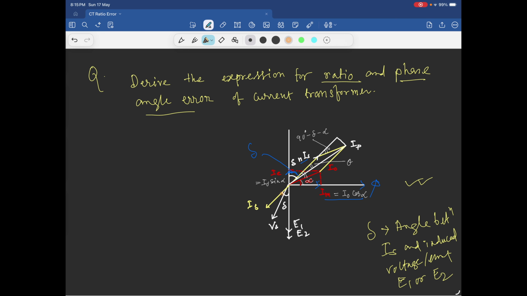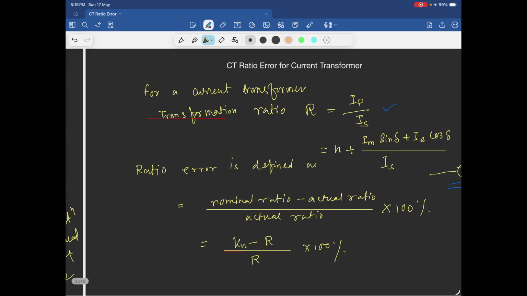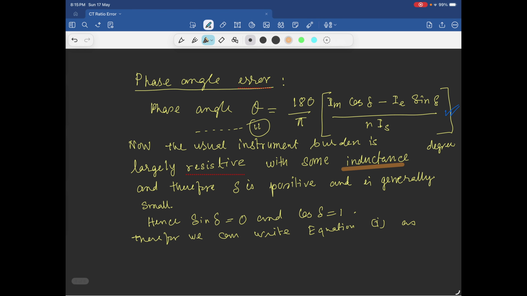So which one is delta? This one, the angle between Is and the induced EMF E2. As delta is very small, sin delta is equal to 0 and cos delta is equal to 1.